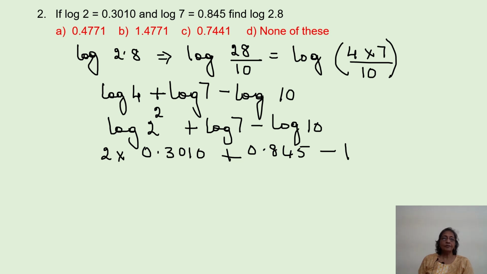Log of 10 is 1. This will be 0.6020 plus 0.845 minus 1. So this answer comes out to be, if you work it out, it is 0.477.